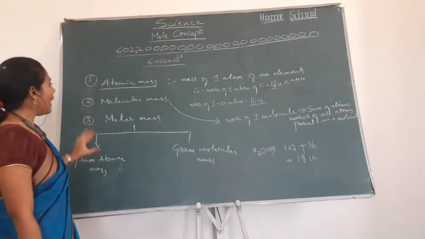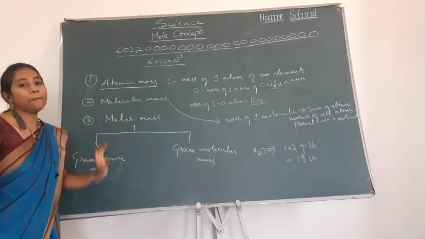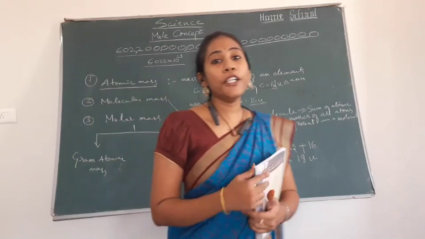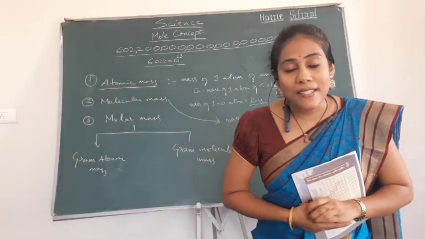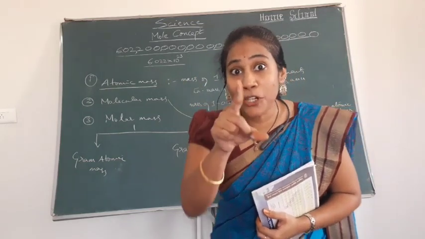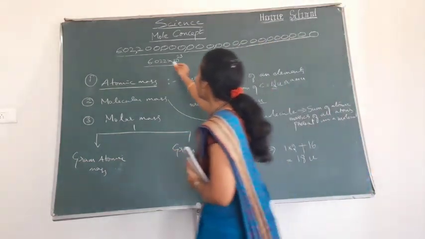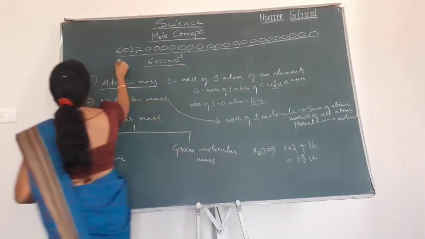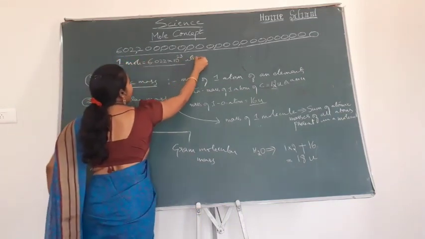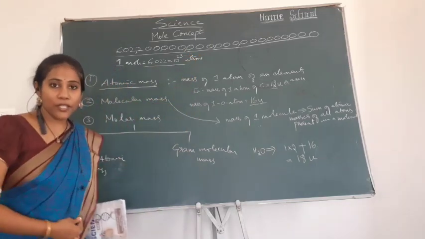Now I will go for the very important term, molar mass. So what do you mean by molar mass? Mass of 1 mole of an atom. You know what we mean by 1 mole? 1 mole means this many items, yes or no? Items can be atoms or molecules here.